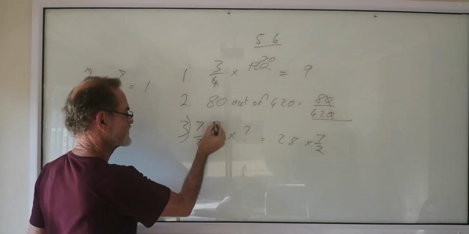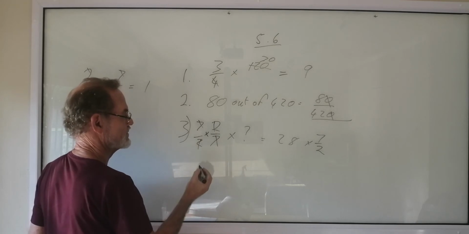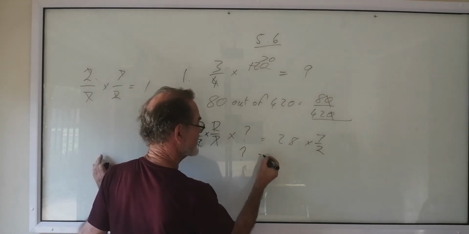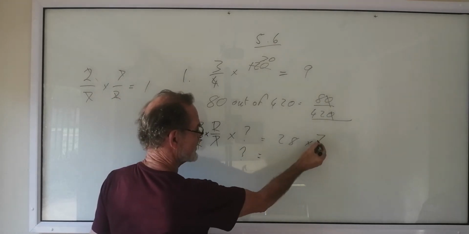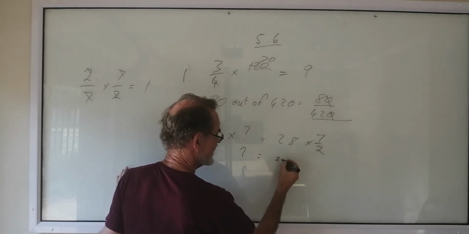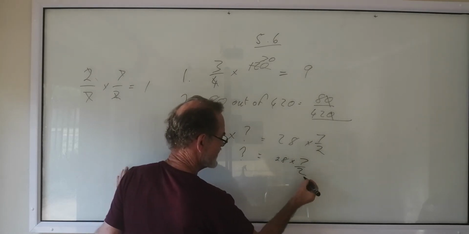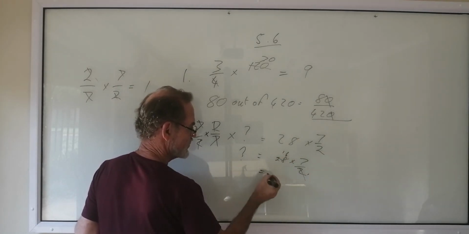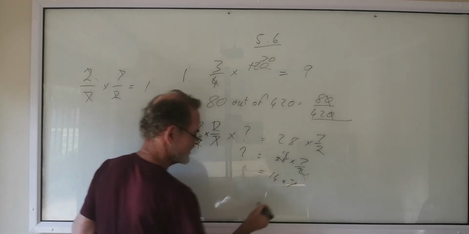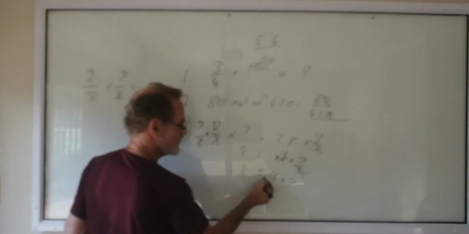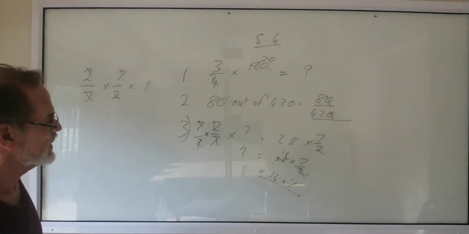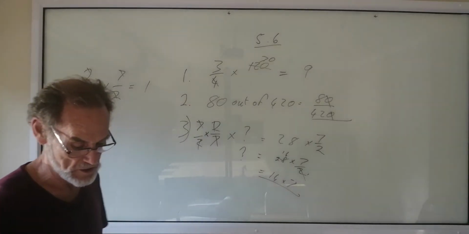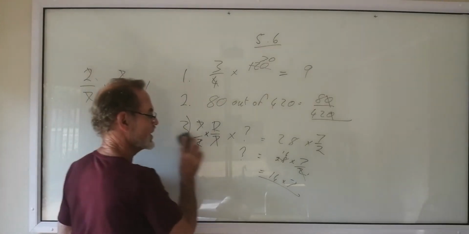This cancels. So this is 1. And 1 times a question mark is just a question mark. So we can just write question mark is equal to 28 times 7/2. Now this is easy. 2 goes into 28 14 times. So your answer is 14 times 7, which you can multiply out. No problem. That's your answer. Okay? So the easiest way to tackle question 3 is like an equation.